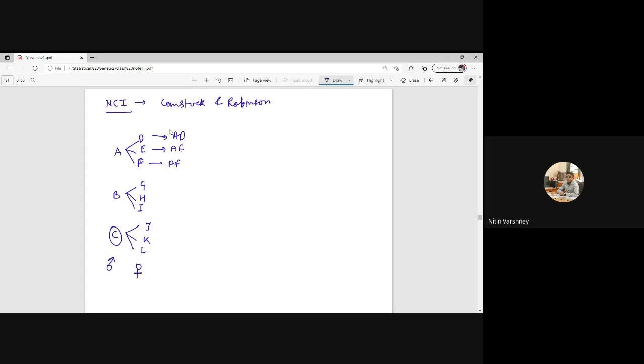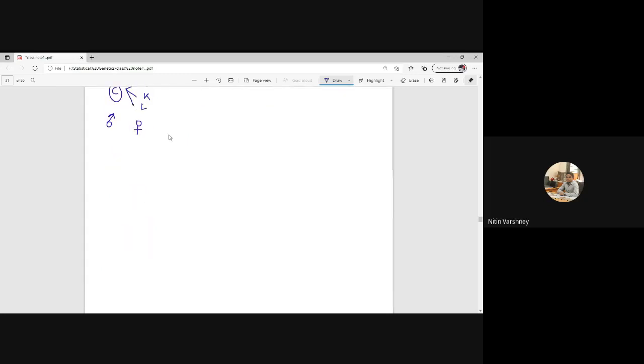Second one, North Carolina 2. Each member of a group of parents used as a male is mated to each member of another group of parents as a female. So this is male.